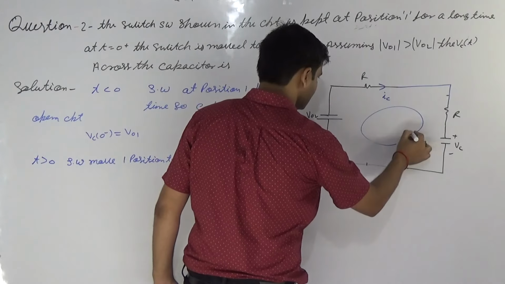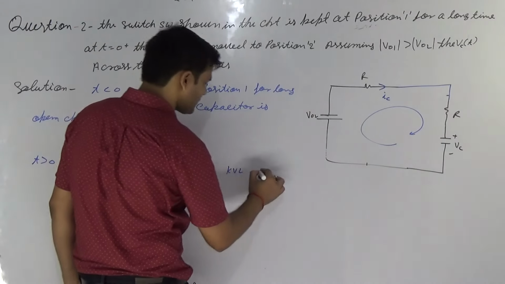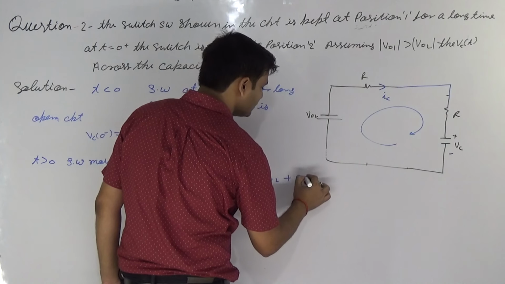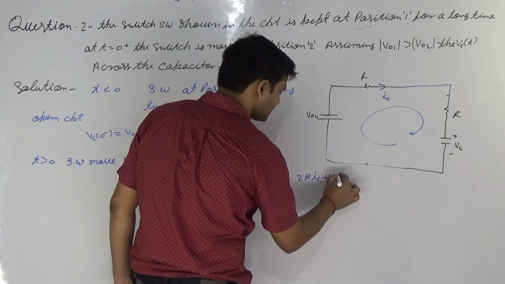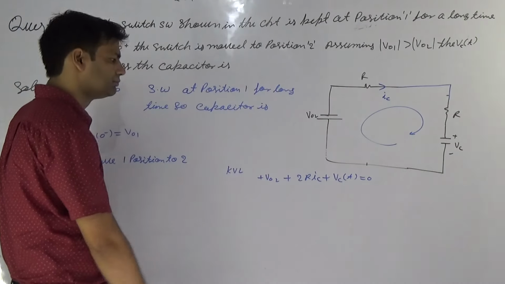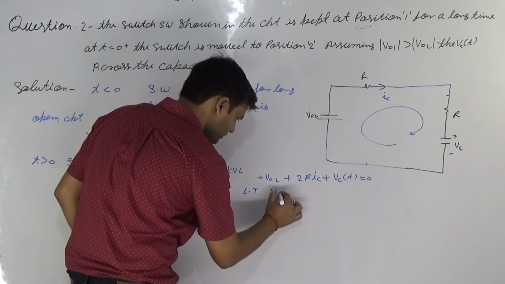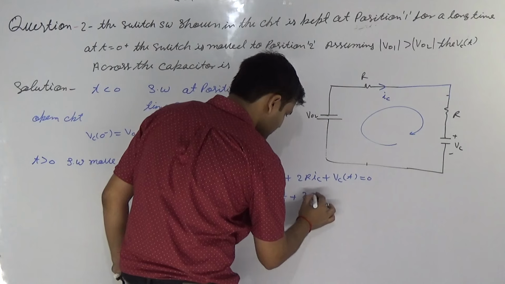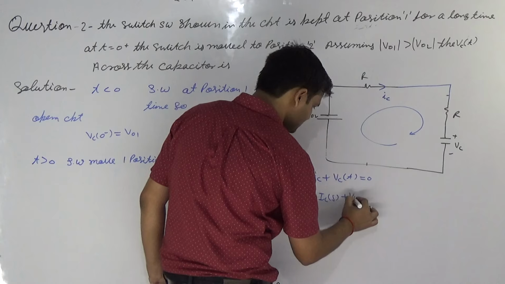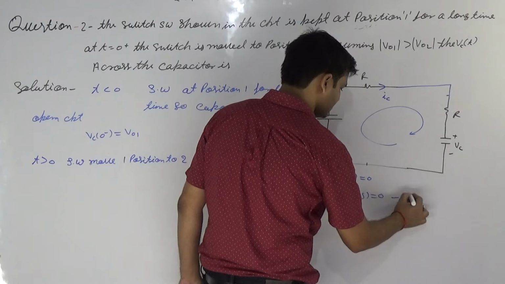According to KVL, apply KVL: plus V02 plus 2R IC plus VC(t) will equal 0. Now Laplace transform: V02 by S plus 2R IC(S) minus VC(S) will equal 0. This is equation number 1.